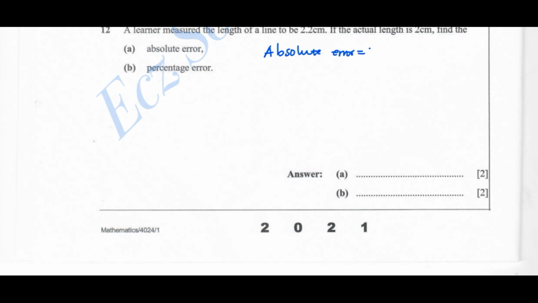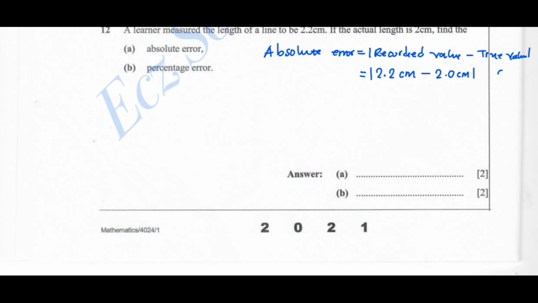So the formula is equal to recorded value or measured value subtracted by true value. Make sure you commit this formula to memory. So as our recorded value is 2.2 centimeters minus 2.0.